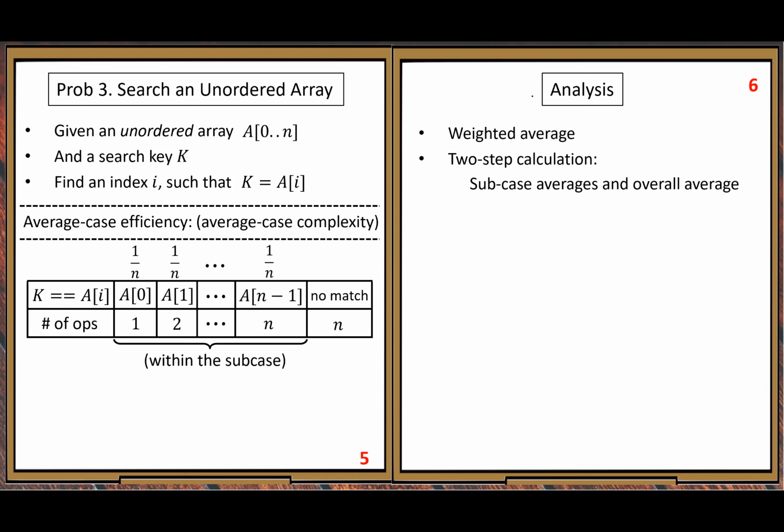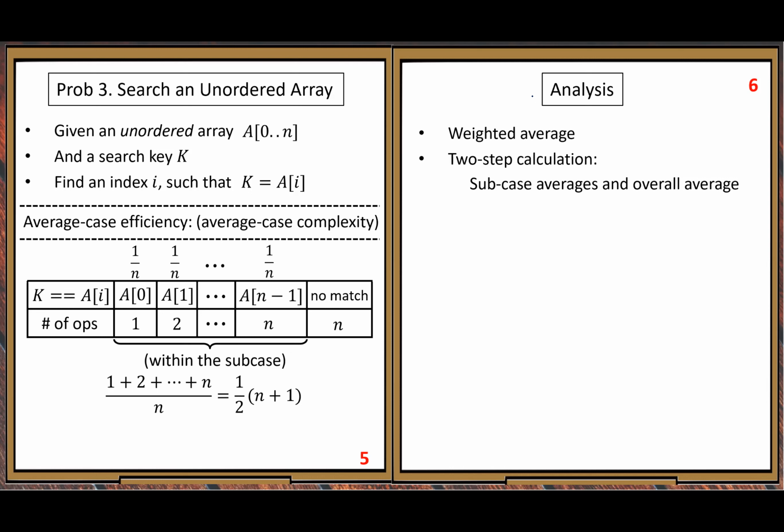So with this assumption, the average for the matching subcase is (1 + 2 + ... + n) over n. After simplification, 1/2 times (n + 1).